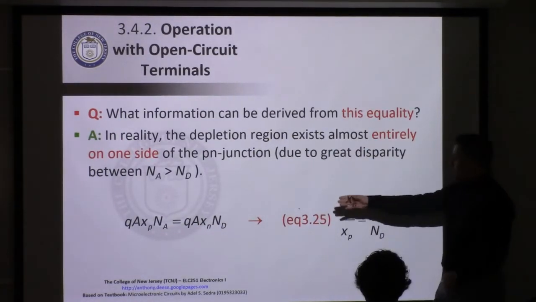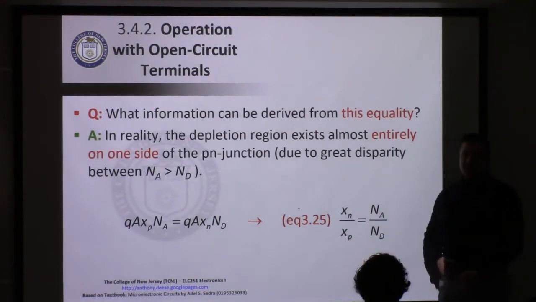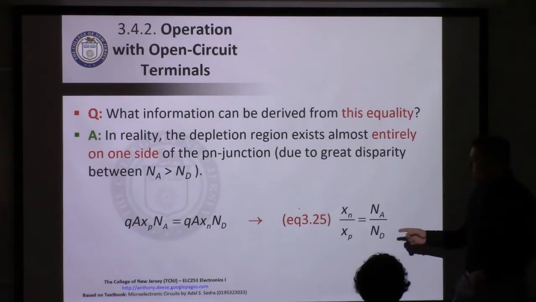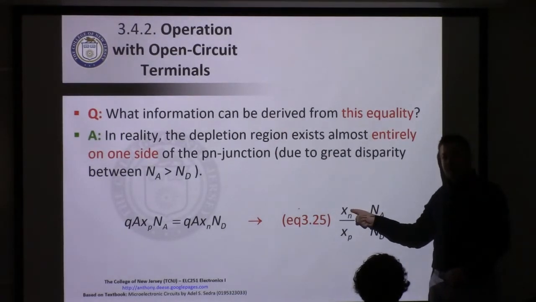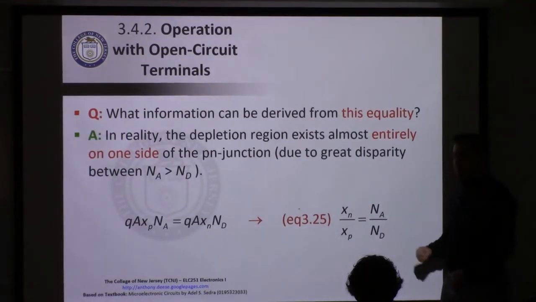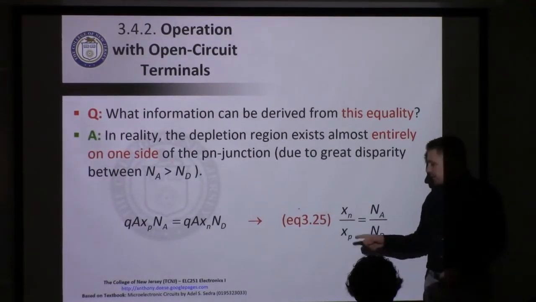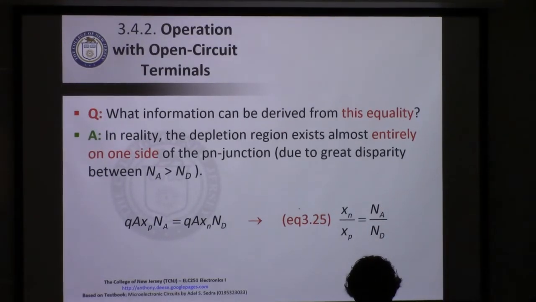Then we can turn that into equation 325, which shows what we have already said: the depletion region will extend further into the less doped region and will be shorter on the other side. So this equality just demonstrates that.